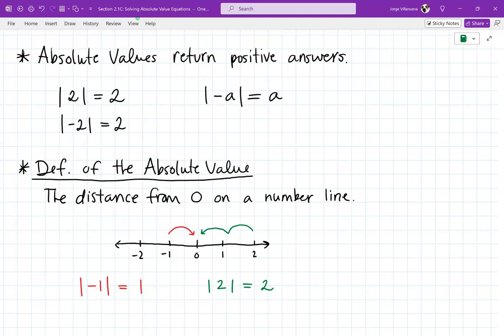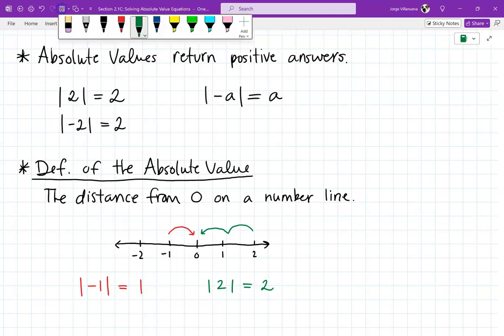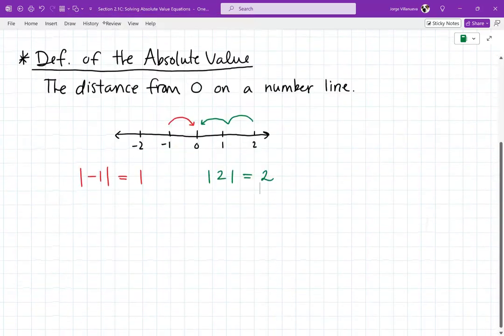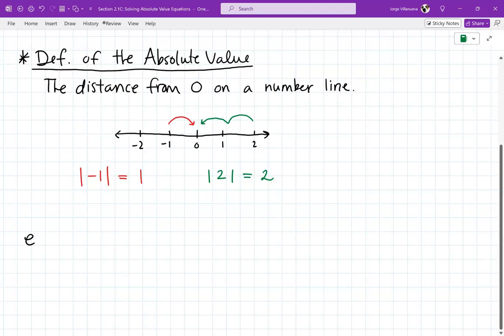That's all. So it leads me to the first quick example, and then we're going to change gears really quick to how to solve these things. If you ever see anything like this, it says solve the absolute value of x is equal to negative 3.